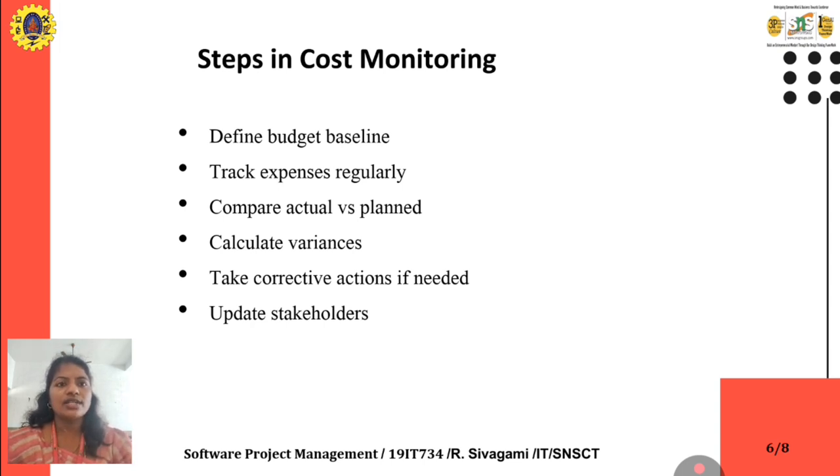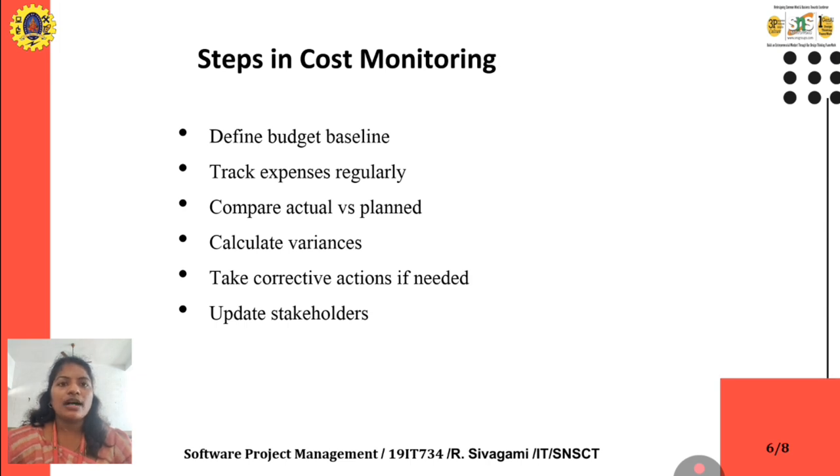And then the next one is to compare the actual and the planned. After the completion of every task we compare our actual and planned. The next one is to calculate the variance, how much excess or how much reduced from our planned cost. The next one is to take corrective action if needed.